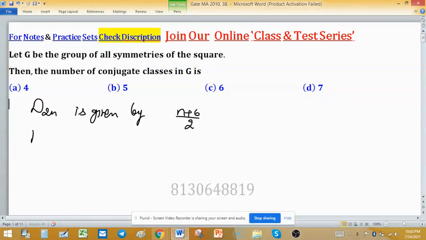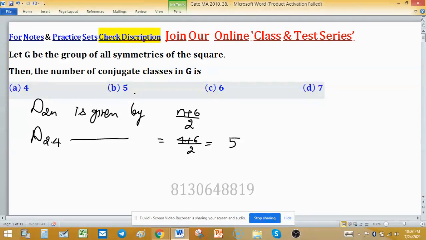For D2n with 2n equal to 2 into 4, because of the symmetries of a square, n is 4, so (4 plus 6) divided by 2 equals 5. So which option is giving 5?